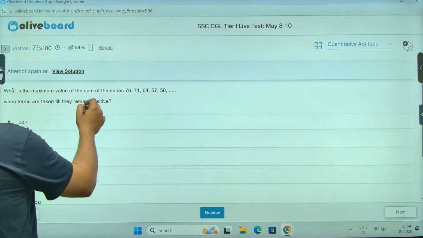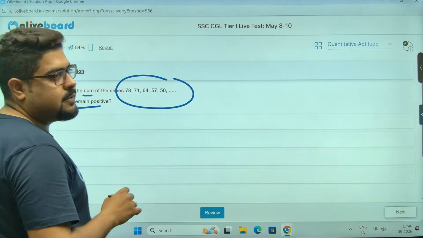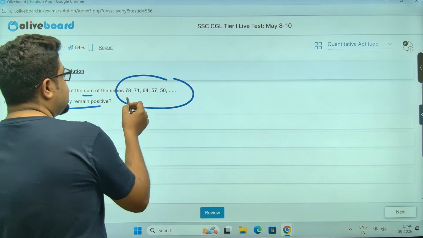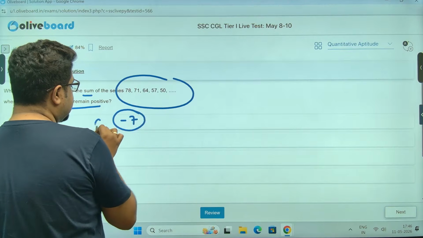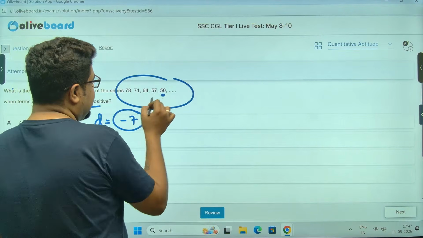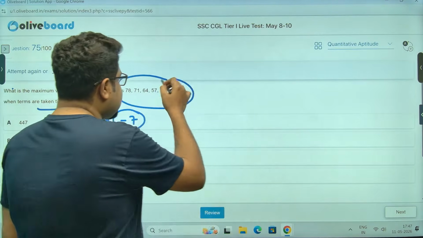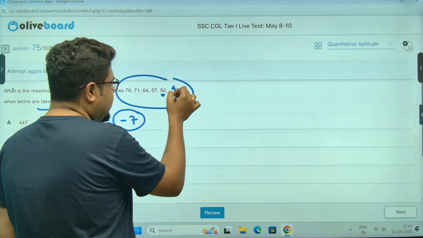Sir, maximum value of the sum of the series. Till positive, sir, it is reducing by 7. So again, a very simple thing you will see. 50, and if you are reducing it by 7, the next term will be 7 less, meaning 43.